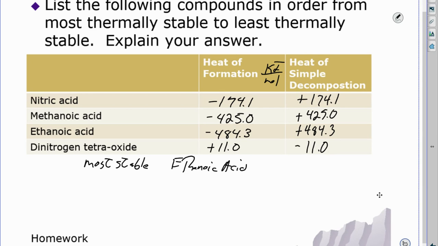The least stable is the one that, in this case, has an exothermic heat of decomposition. So the least stable is dinitrogen tetroxide.